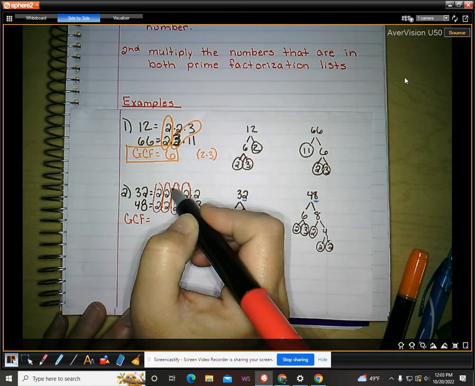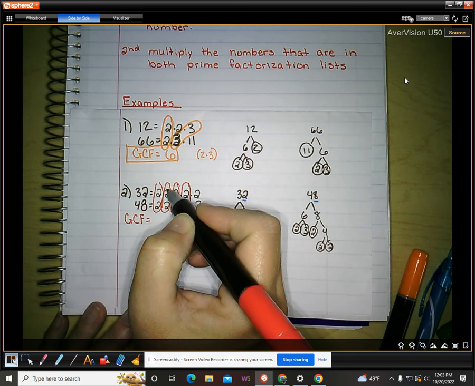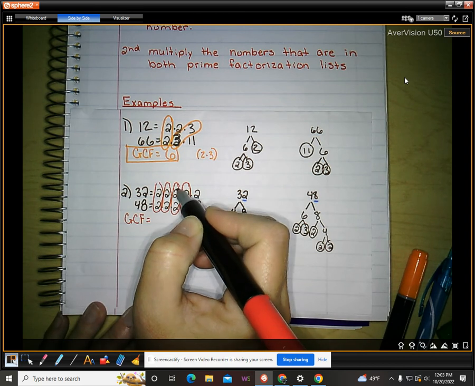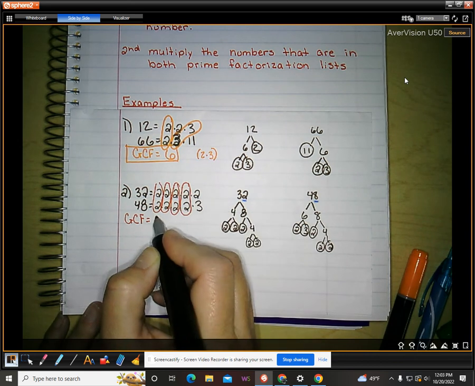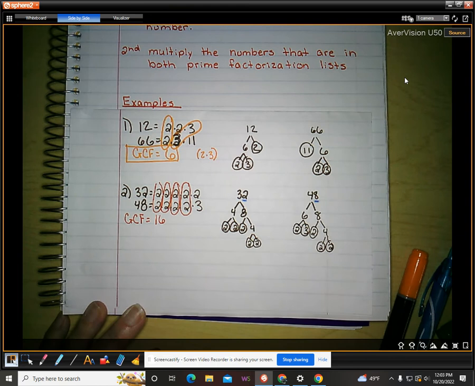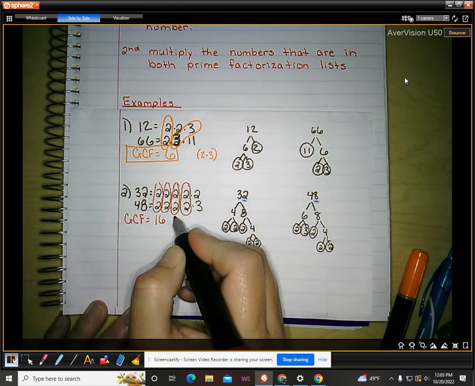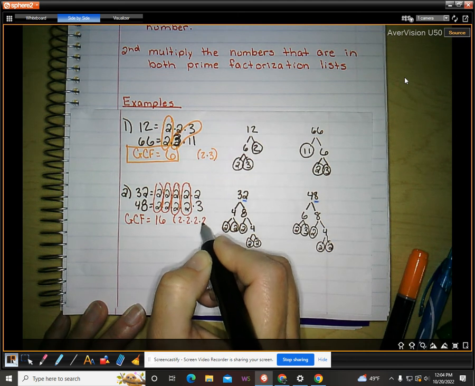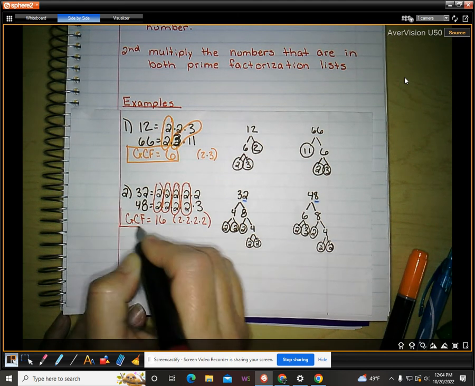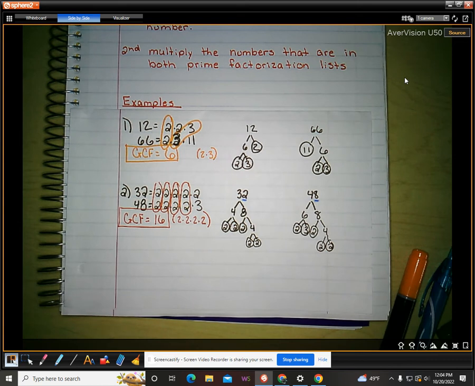This is 2 times 2, which gives us what, everyone? 4 times 2. 8 times 2. So your greatest common factor is 16 because you're taking 2 times 2 times 2 times 2. You multiply the pairs by each other. 2 times 2 times 2 times 2 to get a total of 16.